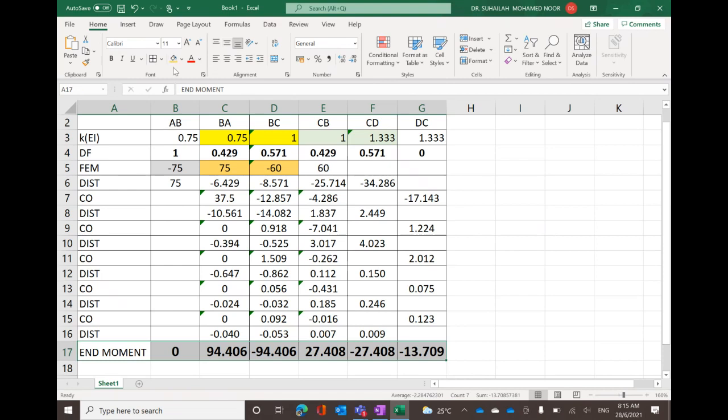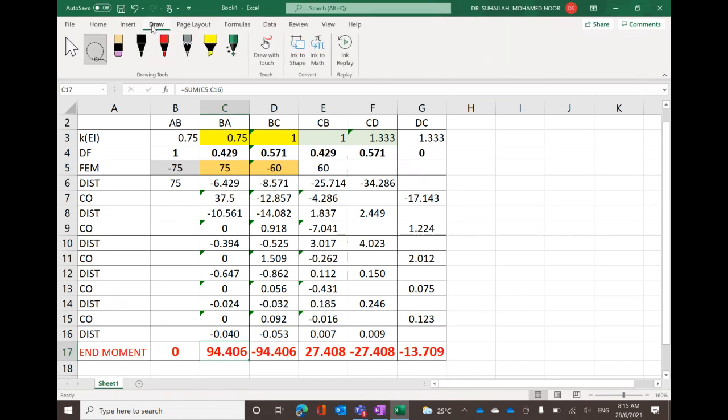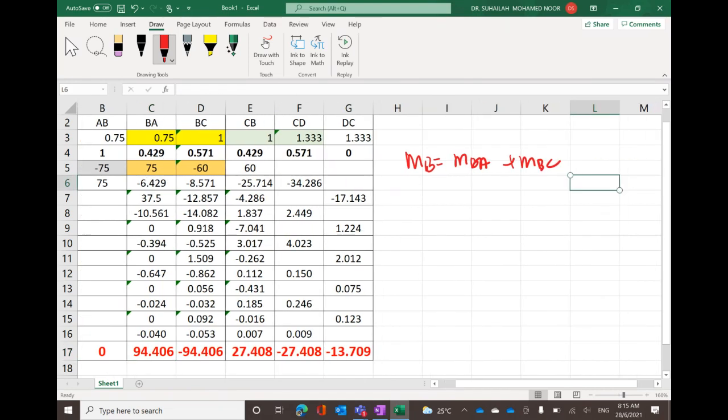Okay, by looking at this, we found that for BA and BC, MB is actually MBA plus MBC, and it is equal to 0 because of the roller support at internal.